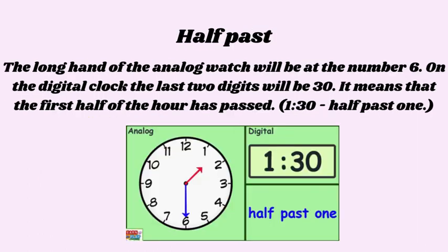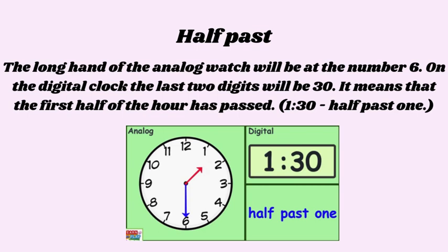Next, half past. Half past is when the long hand of the analog watch is at the number 6. And on the digital clock, the last two digits will be at 30. It means that the first half of the hour has passed. For example, look at the picture.